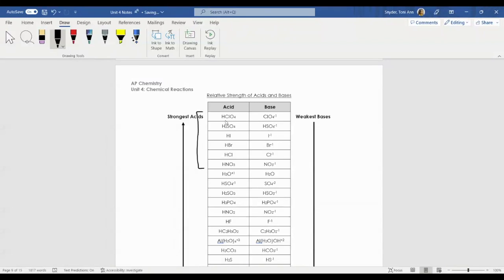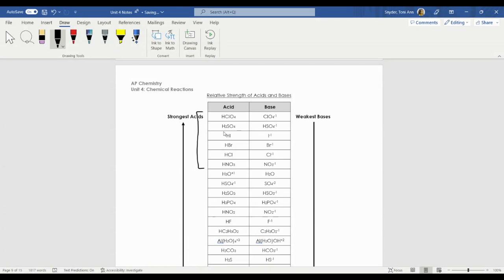So this is a strong acid because it donates that proton very well, but it's a weak base because it does not accept that proton very well because it just donated it, right? So that makes sense. The stronger the acid, the weaker its conjugate base. Or you could say the weaker the base, the stronger the conjugate acid. They're always going to be opposite.